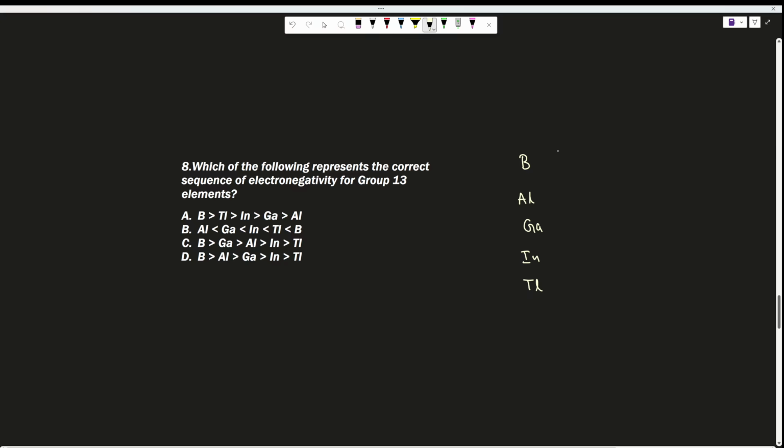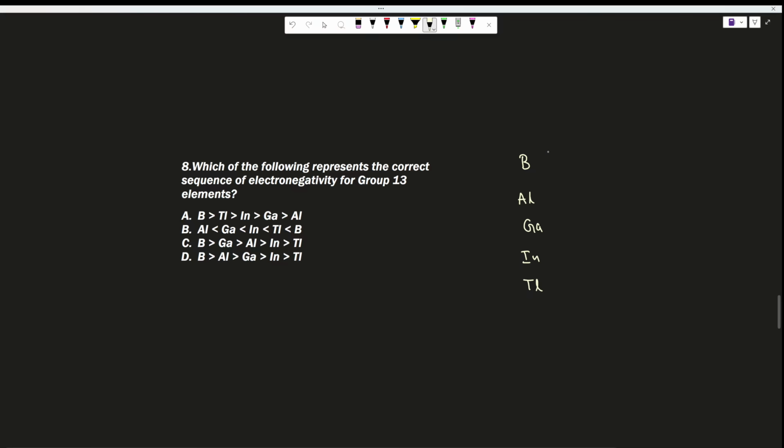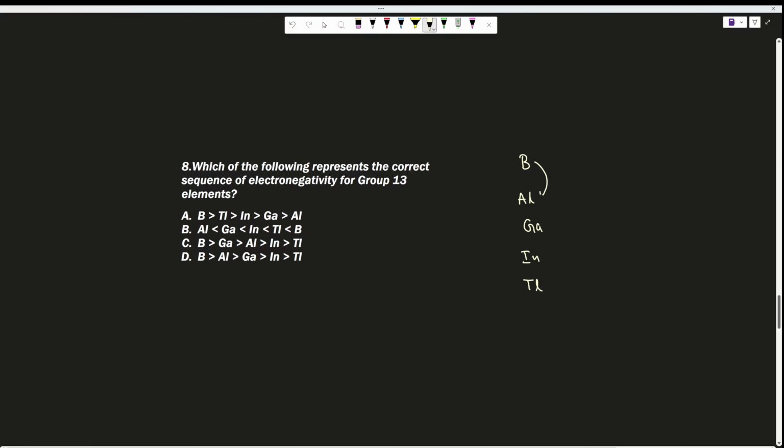Actually, under normal conditions, electronegativity decreases down the group, right? So here, from boron to aluminium, the normal trend is observed, that is, electronegativity decreases. But when you go from aluminium to gallium, it will increase. Then again, gallium to indium, it will increase. Indium to thallium also, it will increase.